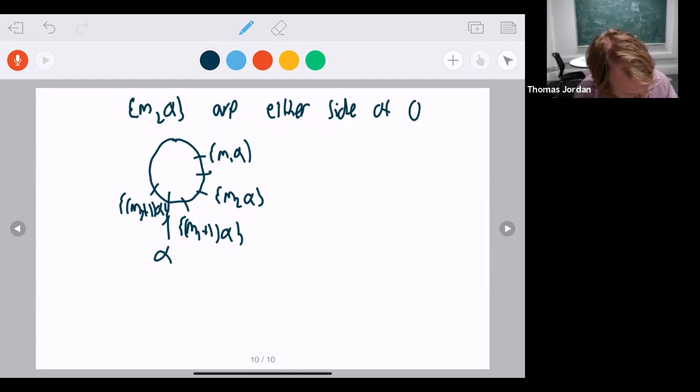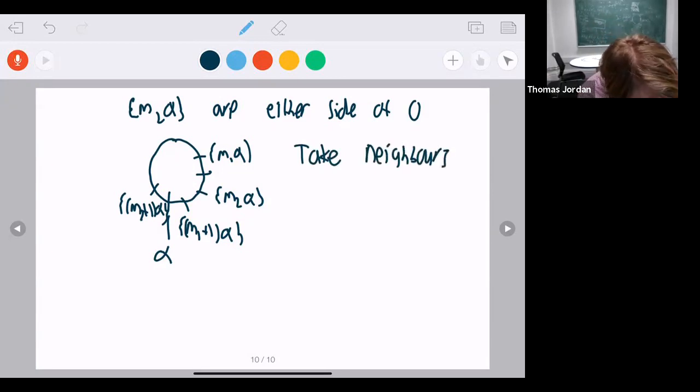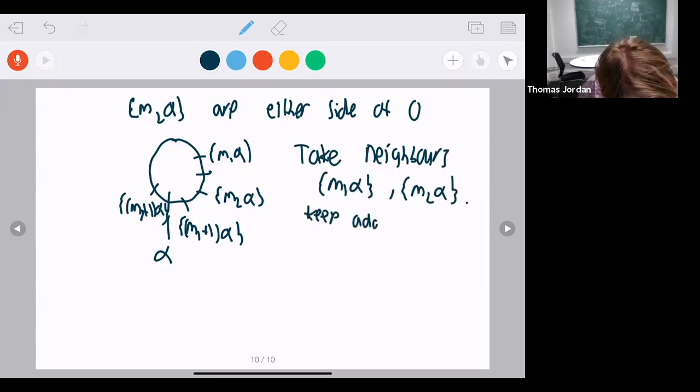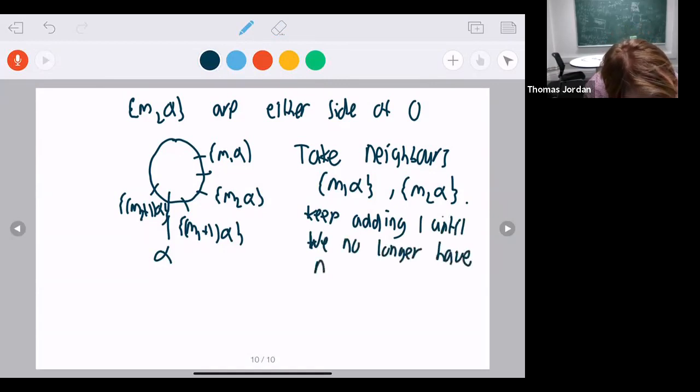So the way we prove the theorem is we take neighbors M1 alpha and M2 alpha and keep adding 1 until we no longer have neighbors.